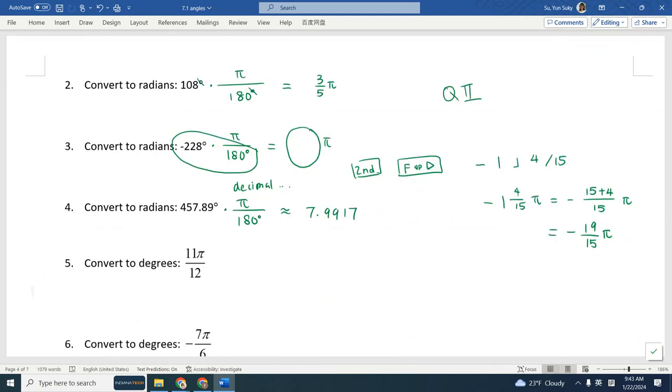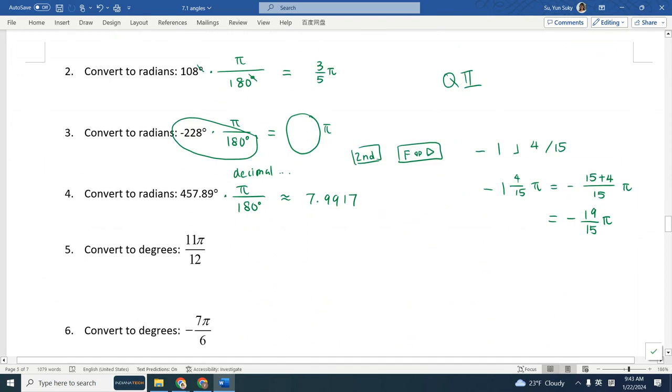Okay. Next one. Convert radian to degree. Alright, if you want to get rid of the radian and get degree, you want to get the degree in your numerator. Yeah, everybody? You want to get a degree in the numerator. So we know 180 degrees is now upstairs.